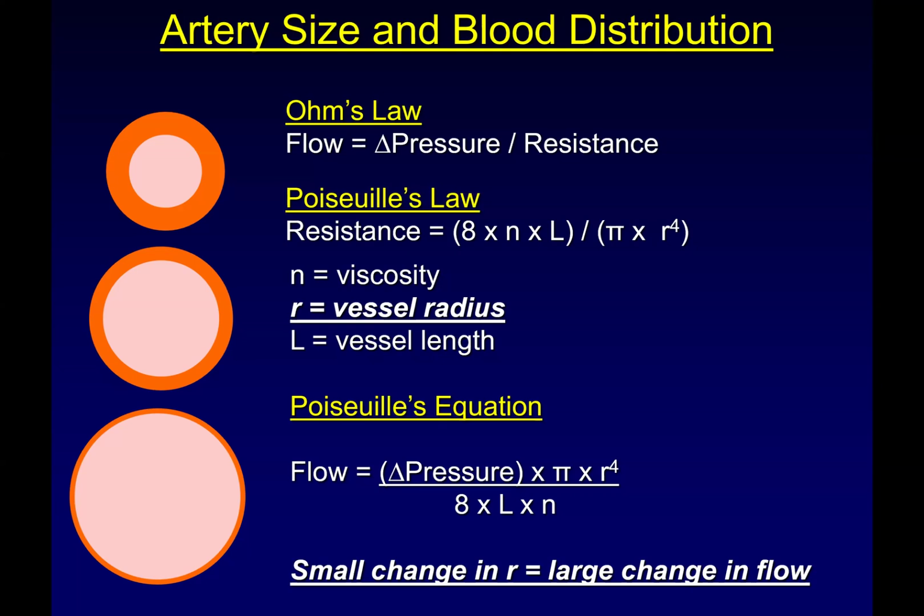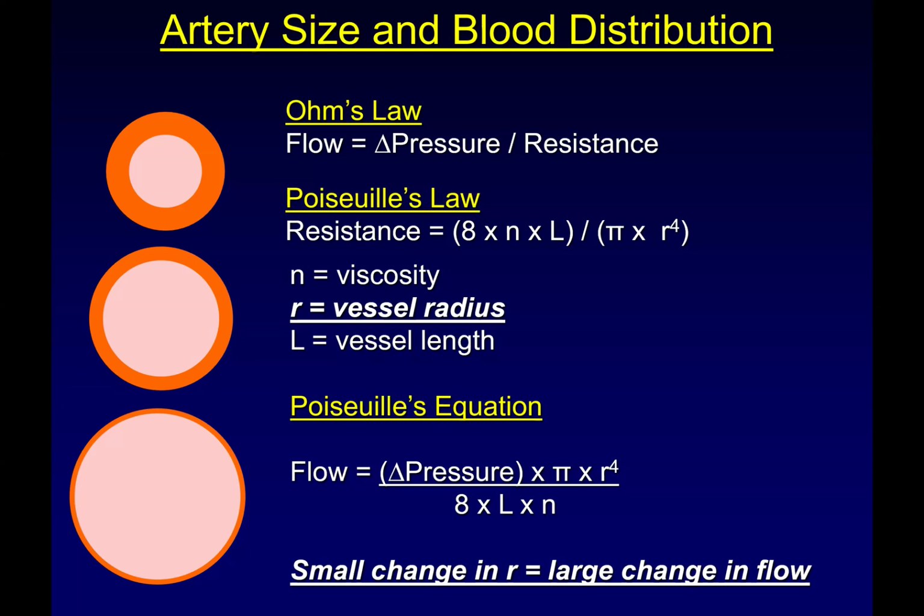So if you put these two things together, you get something called Poiseuille's equation, which tells us basically that flow is equal to the difference in pressure multiplied by radius to the fourth power. So if I make this smaller by just a little bit, it makes flow go down. If I make it bigger by just a little bit, it makes flow go up. So it's differences in pressure and differences in arterial size. That's the big thing. So a small change in diameter has a dramatic effect.